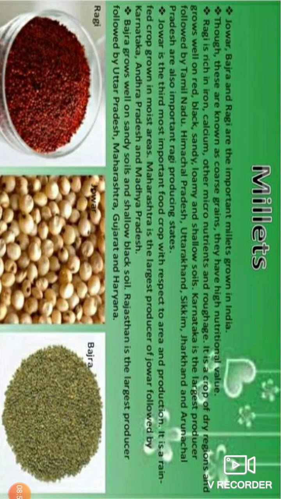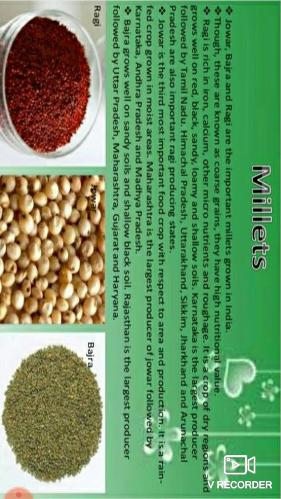So, Jowar, Bajra, and Ragi are the important millets grown in India. These are known as coarse grains. They have high nutritional value, and ragi is rich in iron and other micronutrients.